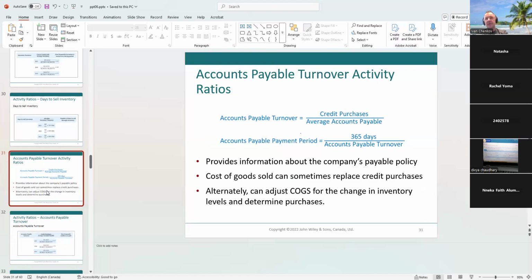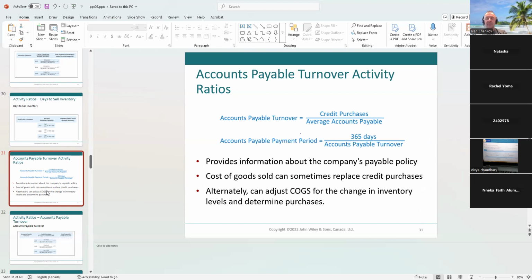We're chasing credit purchases, the purchases we're getting but not paying. And we're chasing the average accounts payable, which is again beginning balance plus ending balance divided by 2. Once we get that number, using 365 on top and that number as the denominator, we're calculating how many days it took us to pay our accounts payable.